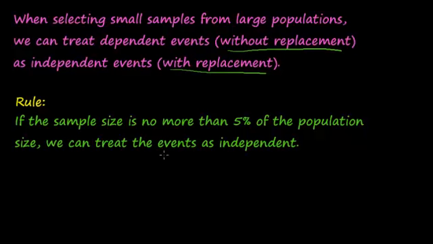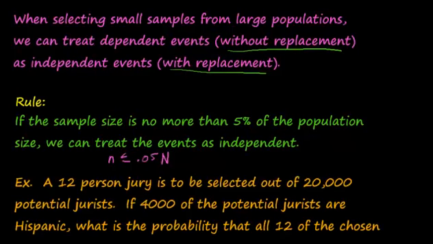So in other words, using our notation, if the sample size n is less than or equal to 5% or 0.05 times our population size, which is capital N, if this holds true, then we can use the easier calculation and not be concerned with conditional probability. So let's look at an example to help understand this.